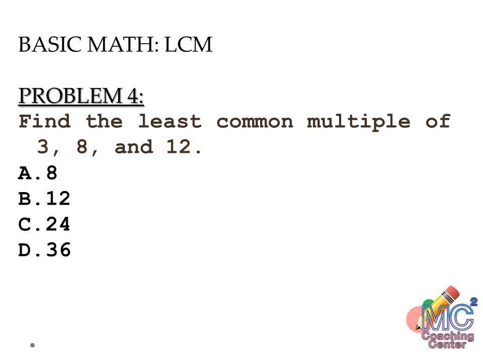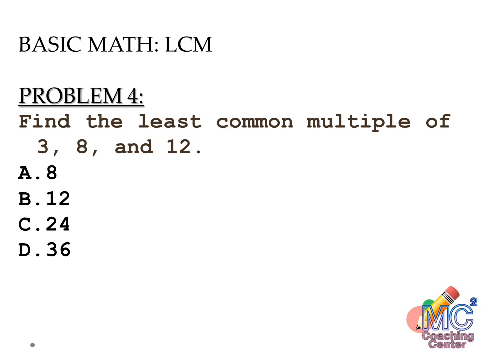Pag nakuha mo na yung multiples ng 3, 8, at saka 12, kunin mo naman yung common multiples ng tatlo. Pag makuha mo yung common multiples ng tatlo, para makuha natin yung LCM, yung pinakamaliit sa mga common multiples nila. So, ganun lang po yun.